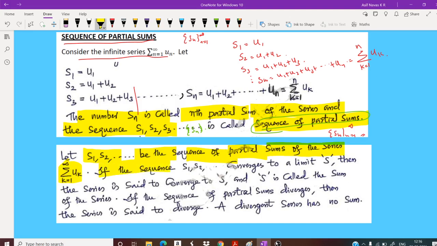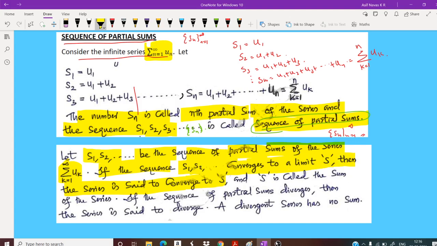If the sequence S1, S2, etc. converges to a limit S, then the series is said to converge to S. That means the series is convergent if and only if the sequence of partial sums converges.